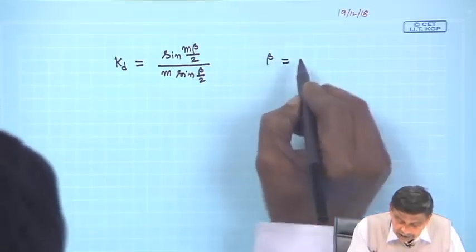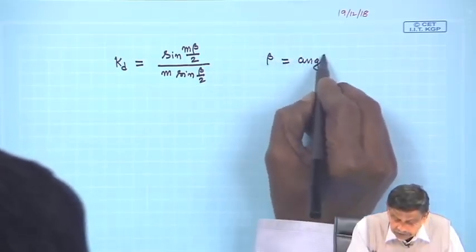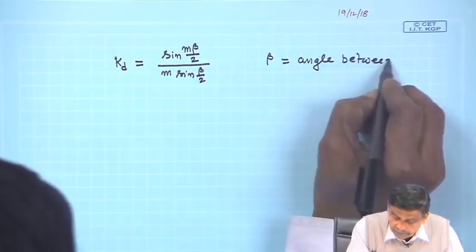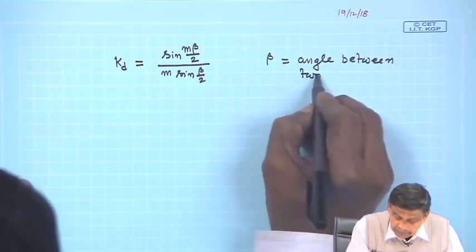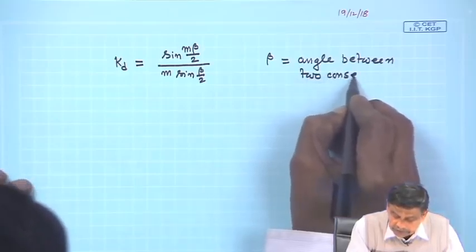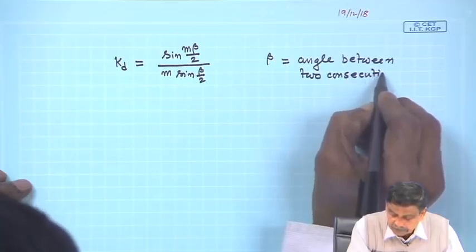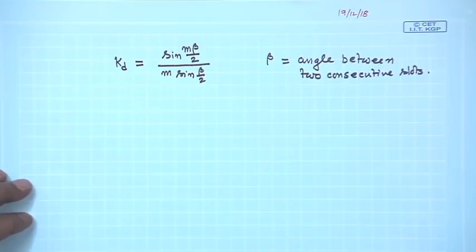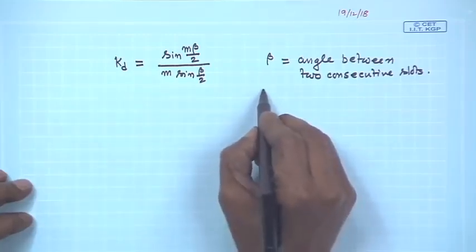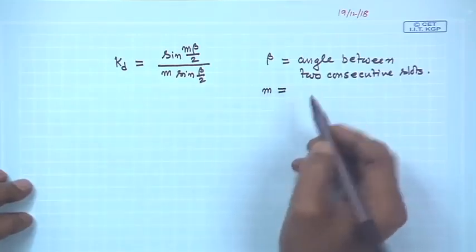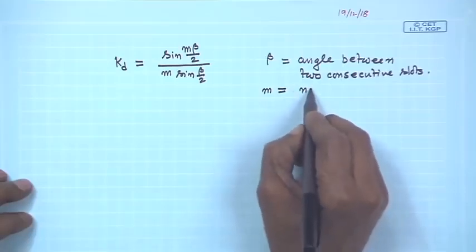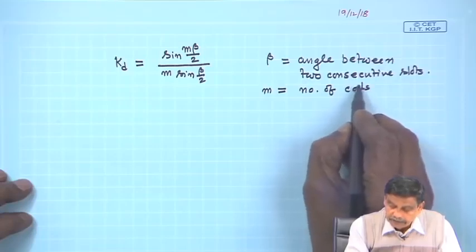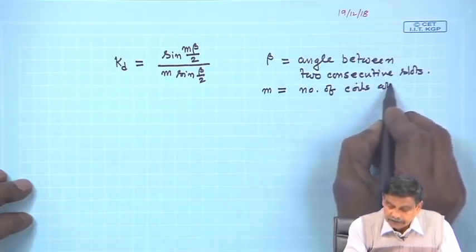Beta is the angle between two consecutive slots, in electrical degrees, and m is the number of coils which are distributed.